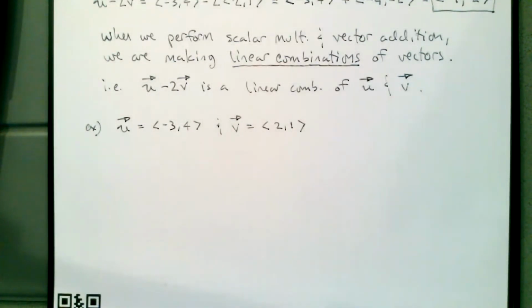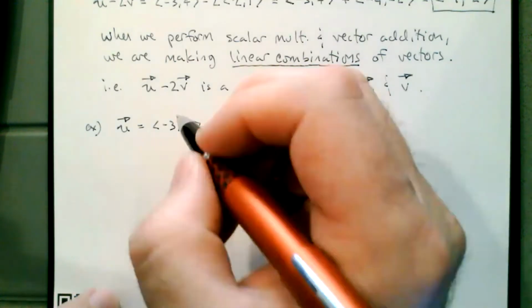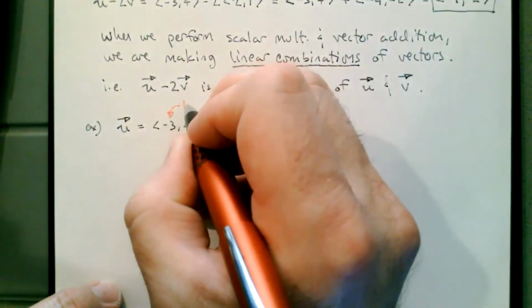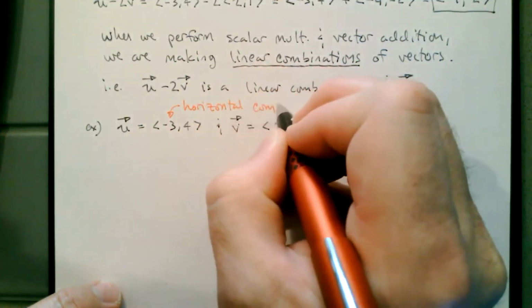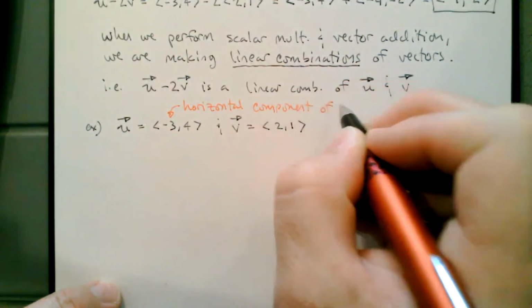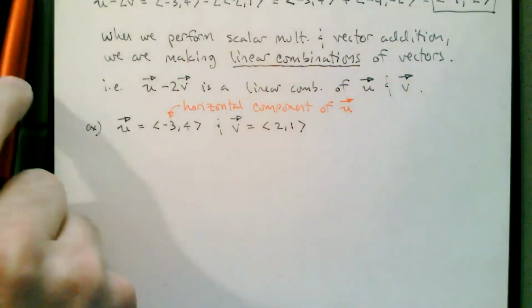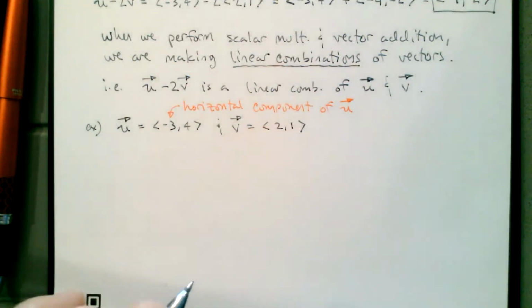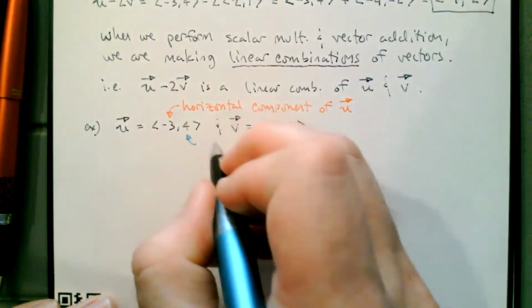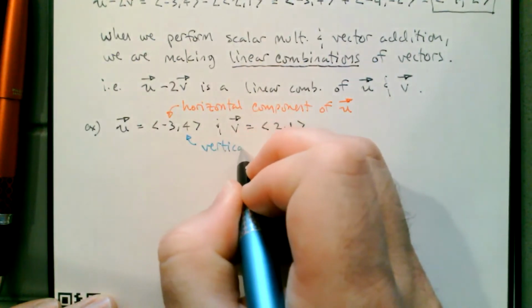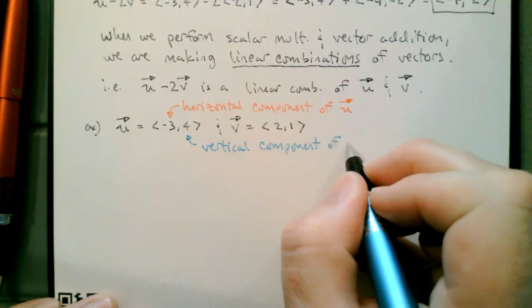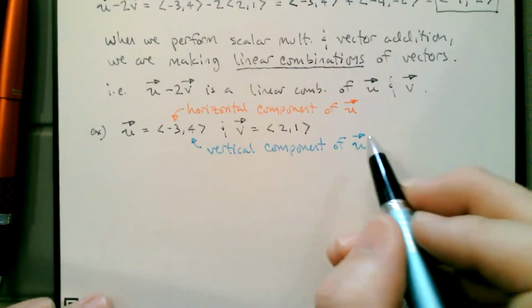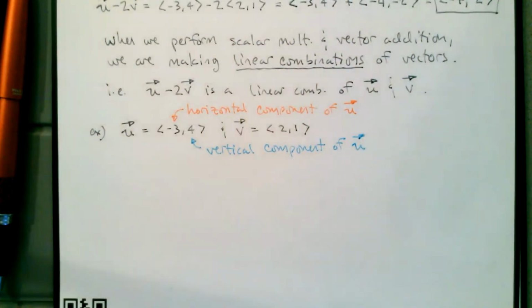So negative 3 is the horizontal component of u, and 4 is the vertical component of u. So we have horizontal and vertical components.